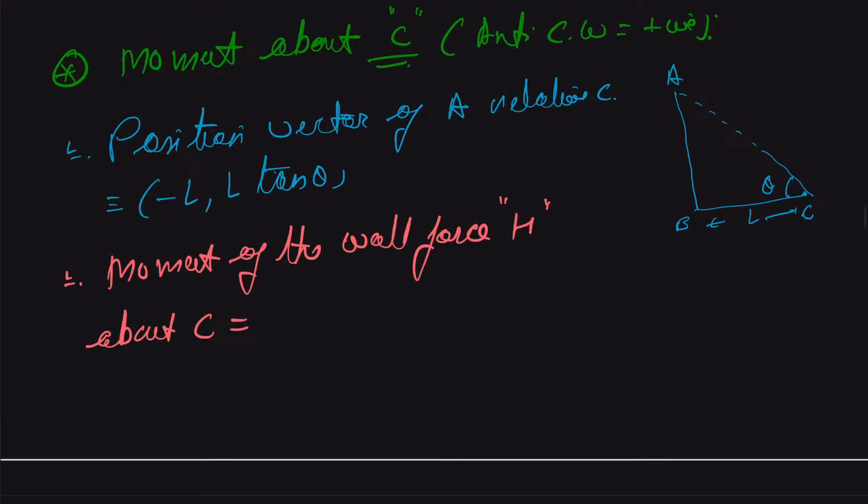So therefore we can write, and this will be coming as minus L times H of X, because this was our H of X and this was our H of Y.